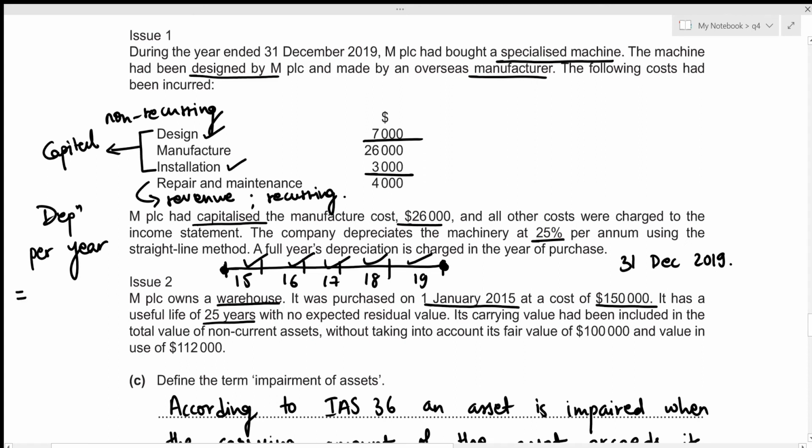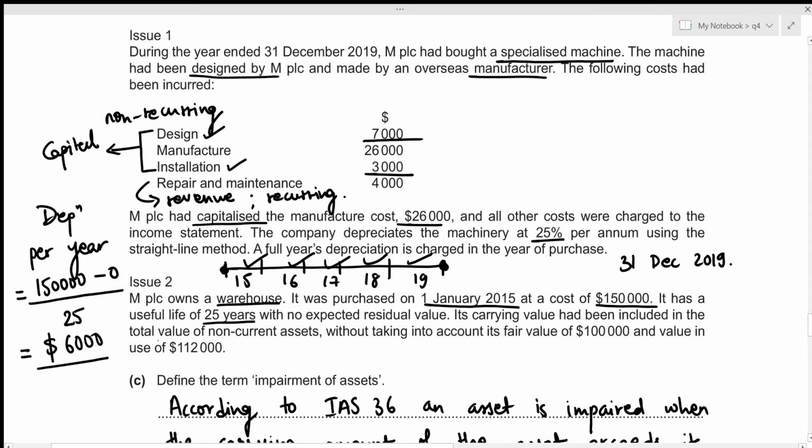We are given the cost, the expected residual value to be 0, and the useful life of 25 years. So the formula for depreciation per year would be cost, that's 150,000, minus the expected residual value, which is 0, divided by the number of useful years, which is 25. So this gives our depreciation per year to be 150,000 divided by 25, which results in the value of 6,000.